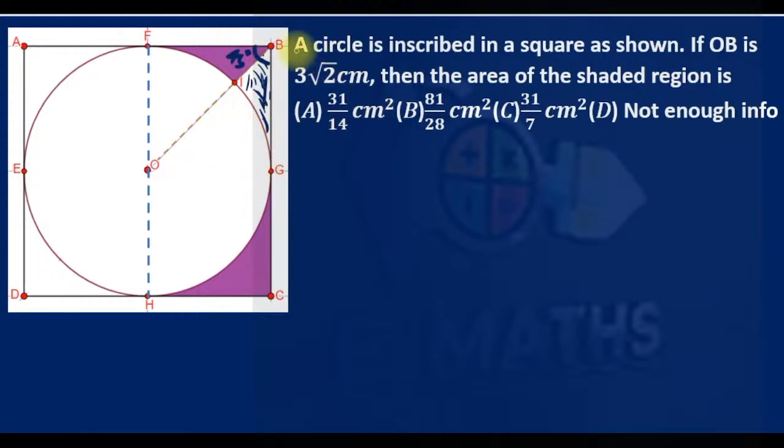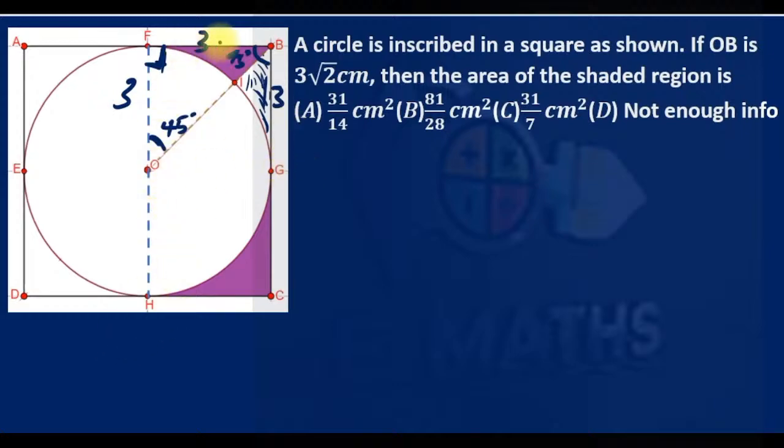Since OB is 3 root 2, this should be 3 and 3, and this is 90. So this is 3 and 3 for OB to be 3 root 2, using the 45-45-90 triangle theorem.